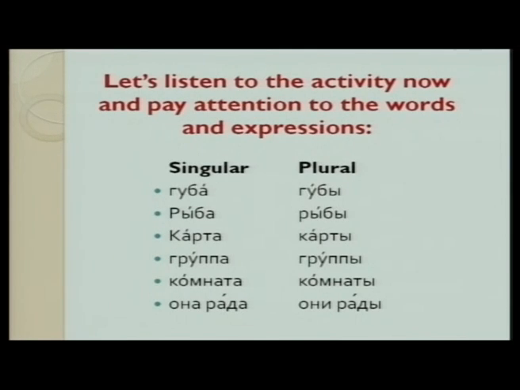Let us learn a few more words in singular, and now we will be learning about the fundamentals of how we make plural of the singular nouns here. Guba, gubi, riba, ribi, carta, cartu, gruppa, gruppi, комната, комнаты, anarada, aniradi.